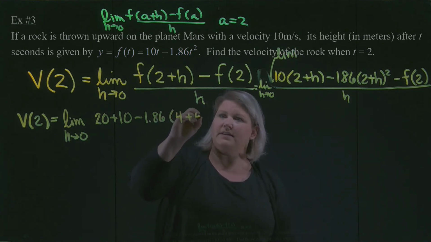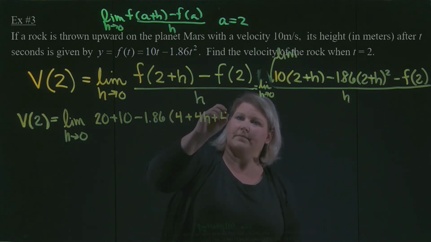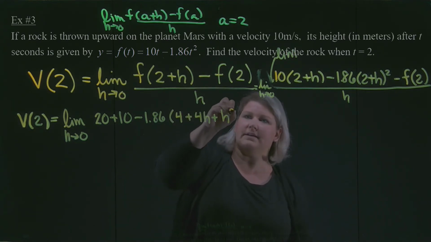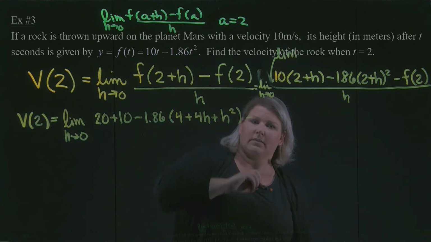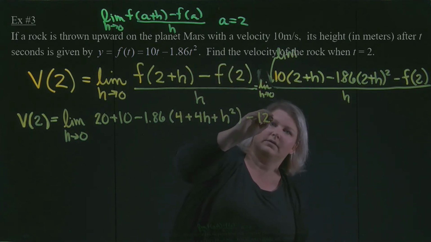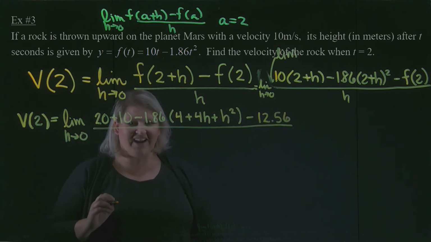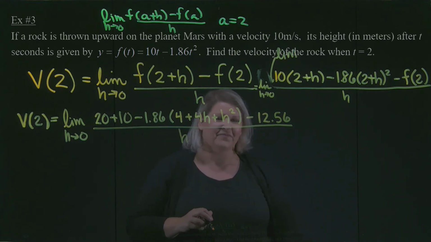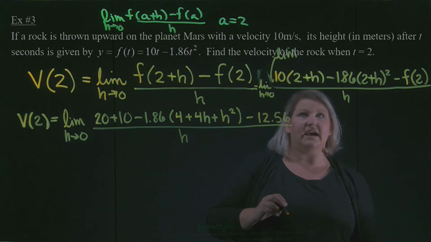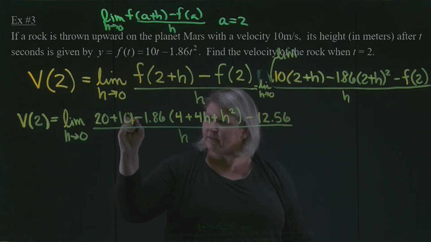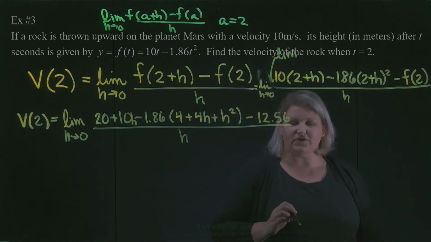When I square this function, I end up with this. And then f of 2, if I plug 2 into this function, I get 12.56, and that's still over h. All right, next. I see a mistake already, this is supposed to be 10h.